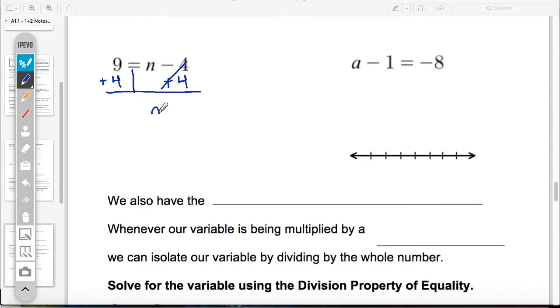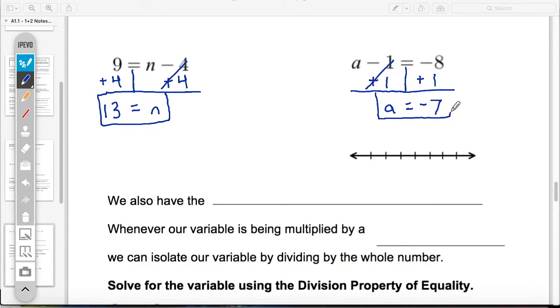So I'm left with n equals 9 plus 4, which is 13. And this last example, a minus 1 equals negative 8. So 1 is being subtracted, so I will add 1. They will cancel. So I'm left with a equals negative 8 plus 1, which is negative 7.